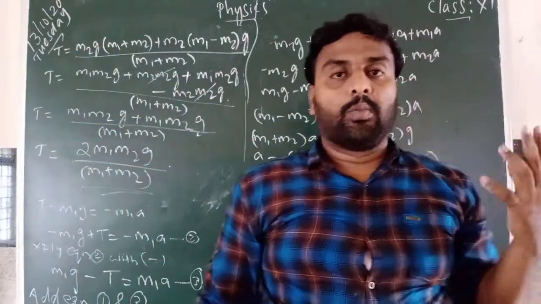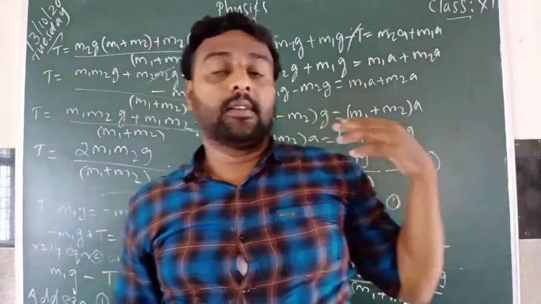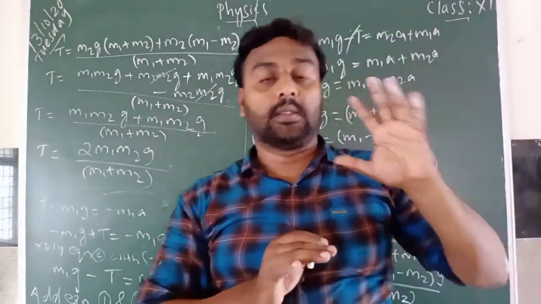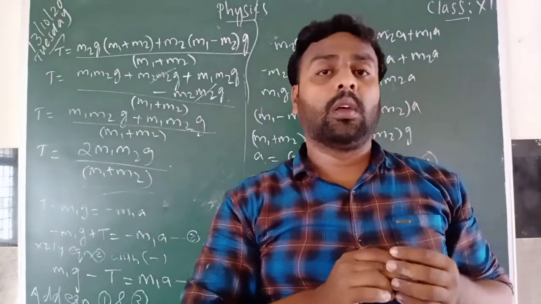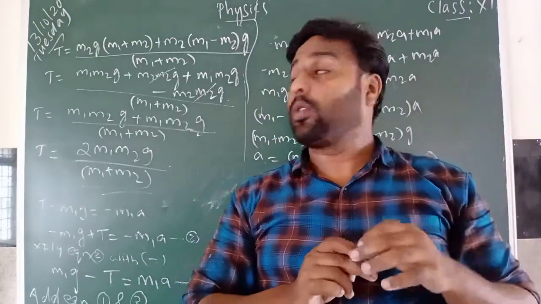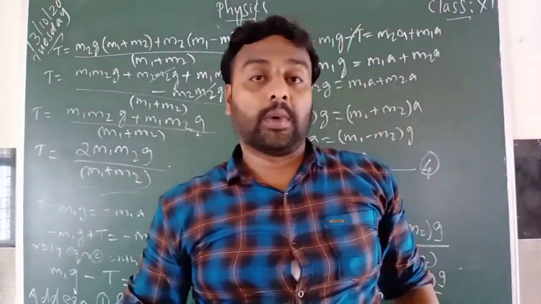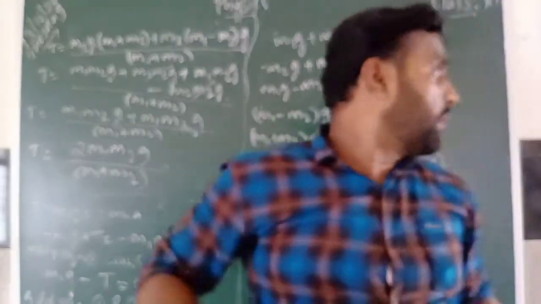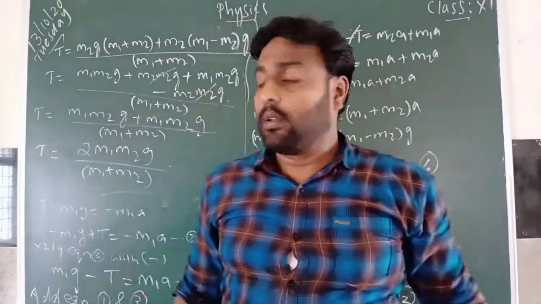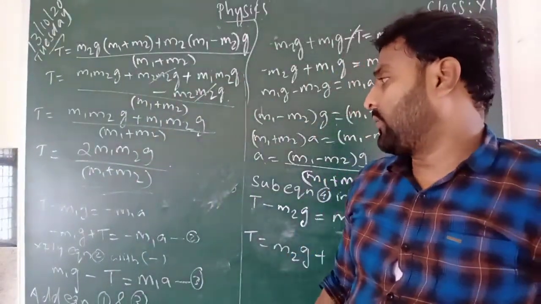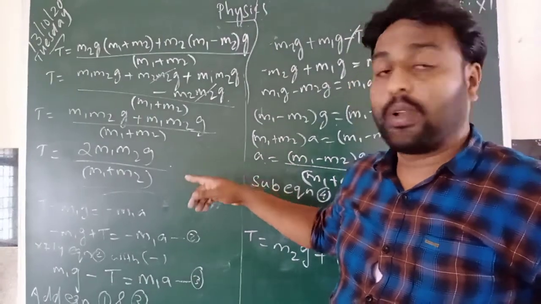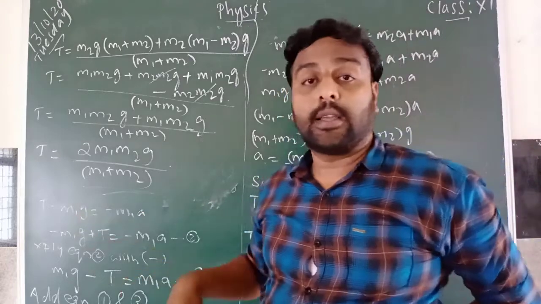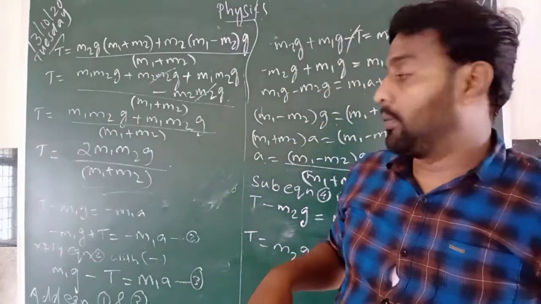Again remember how you find the tension. First you draw the free body diagram for mass m2 and mass m1. Then by applying Newton's second law, you find the equations using the vector components. So you will get two equations. The first equation is T minus m2g equal to m2a.